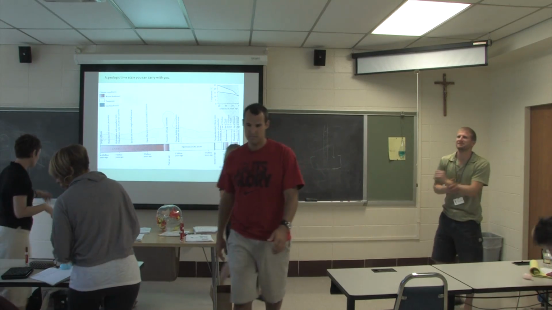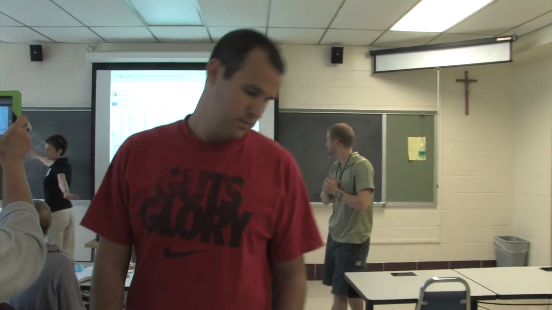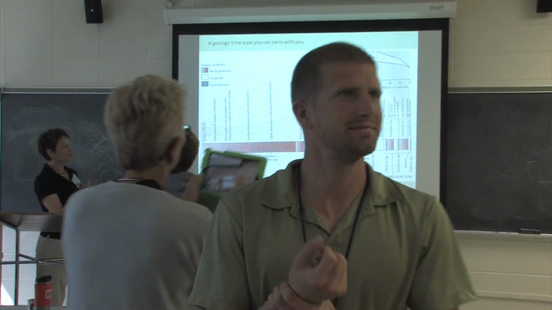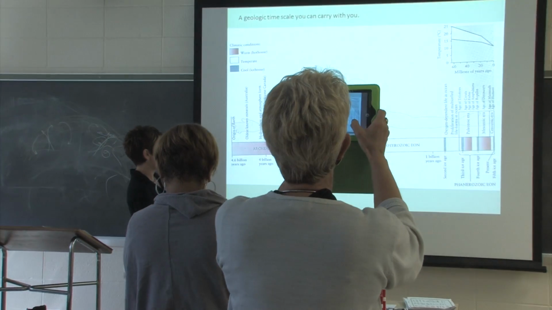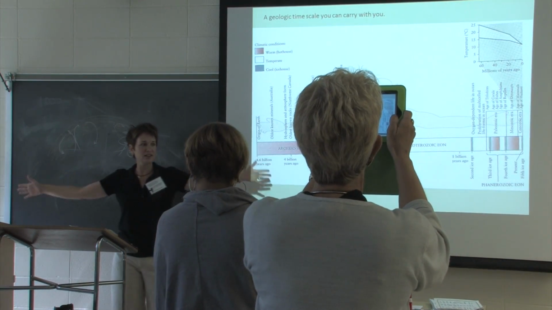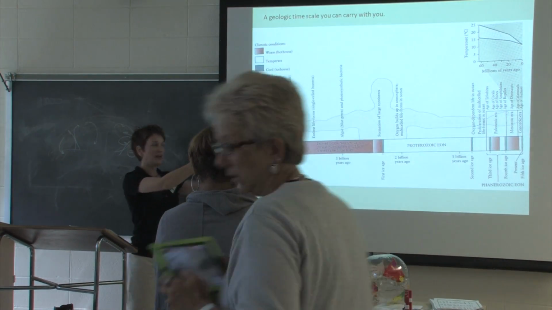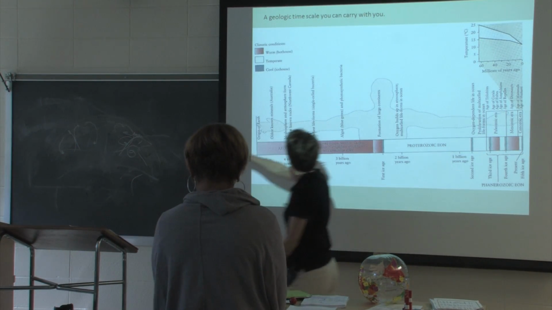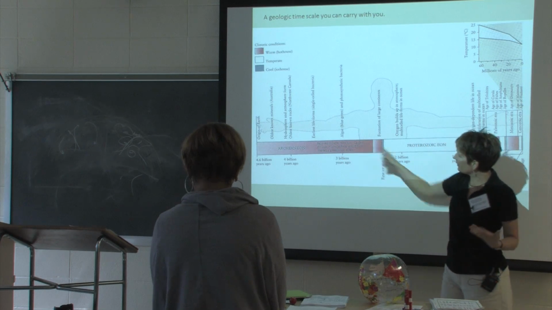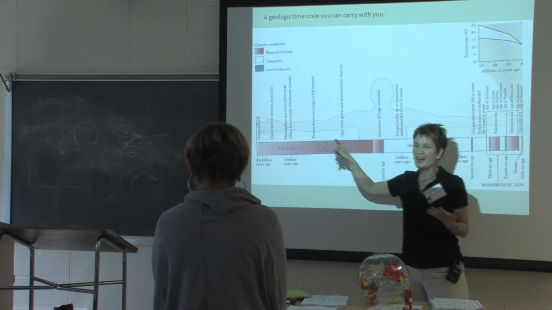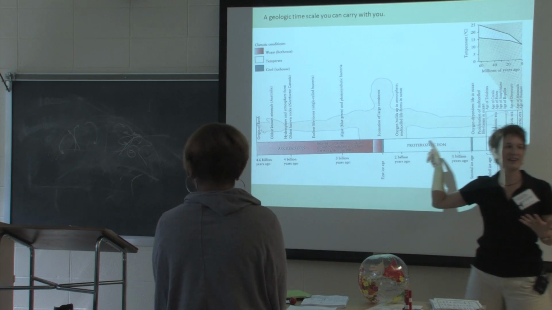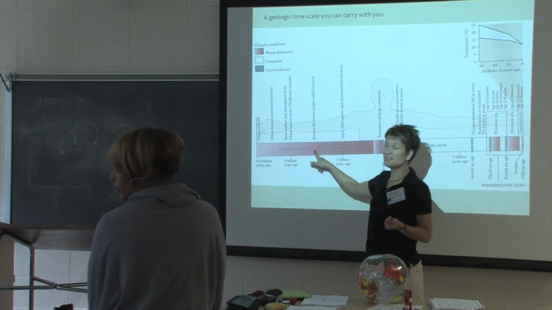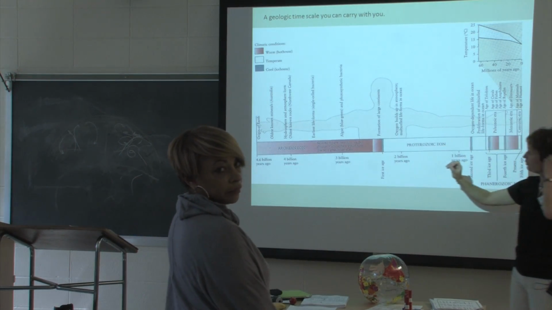So now we're going to walk through geologic time ourselves with our arms spread, according to our carry-along time scale. At one end of your arm is the origin of the Earth. As we move along your arm span, right around your elbow, we see the earliest life forms.